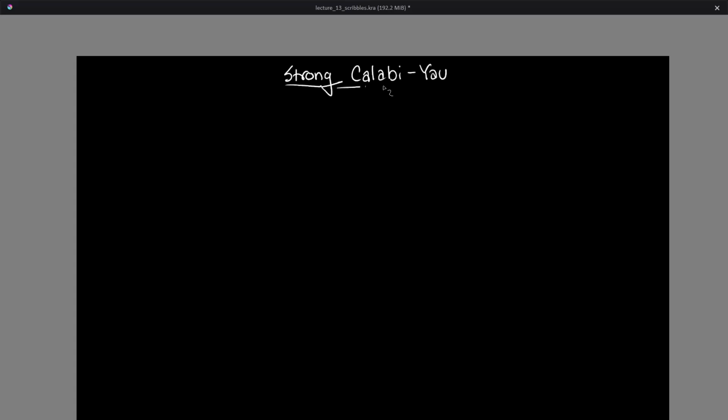In order to define a strong Calabi-Yau, we're going to need to know what a canonical bundle is. Canonical bundle? It has a fancy name, but it's actually pretty simple. The canonical bundle, for a complex m-dimensional manifold, is just K_m, that's what it's called.